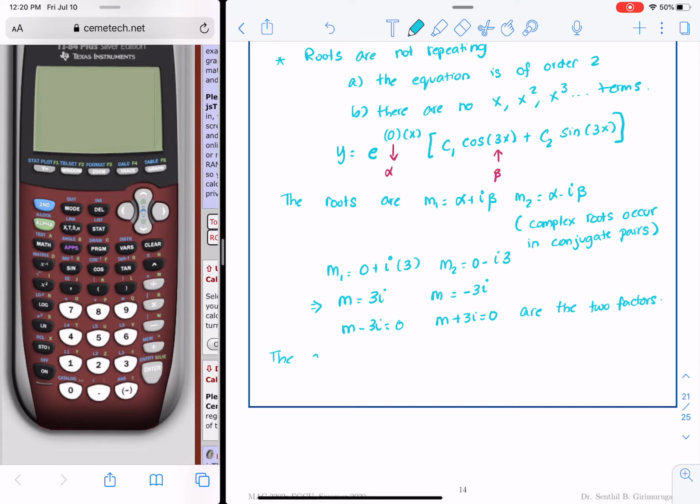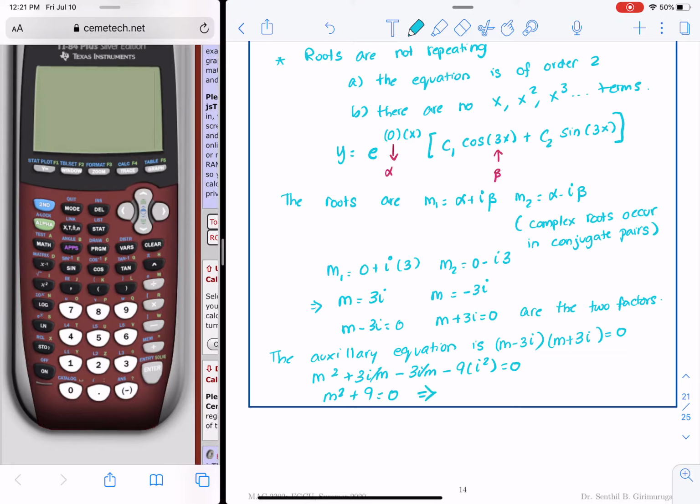So the auxiliary equation is m minus 3i times m plus 3i equals 0, which would give me m squared plus 3im minus 3im minus 9 times i squared equals 0. So m squared, those two terms would get cancelled, and i squared is negative 1. I get m squared plus 9 equals 0.